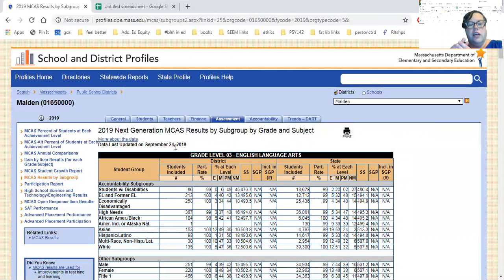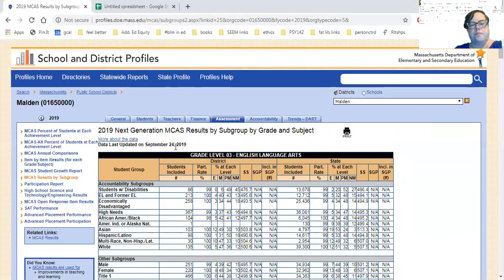So looking at a couple of different accountability subgroups, which is what this top section are called: students with disabilities, English learners and former English learners, economically disadvantaged, high needs, Black, Native American, Asian, Latinx, multiracial, or white.